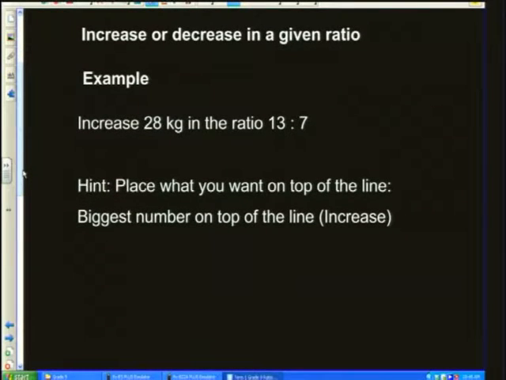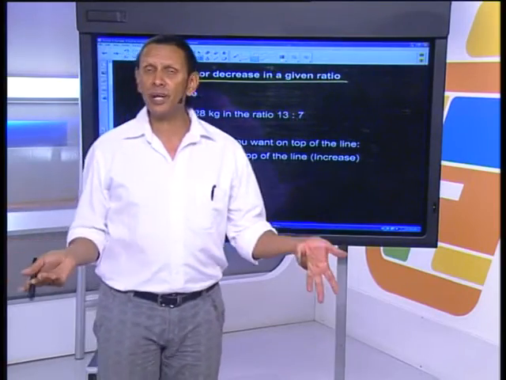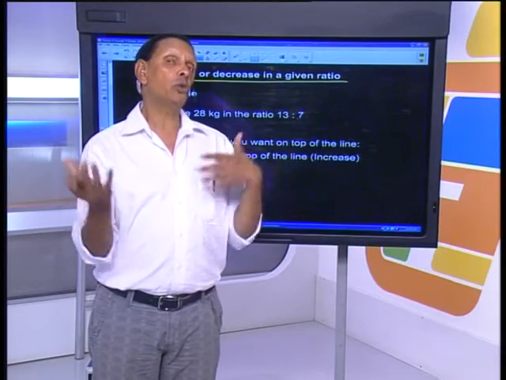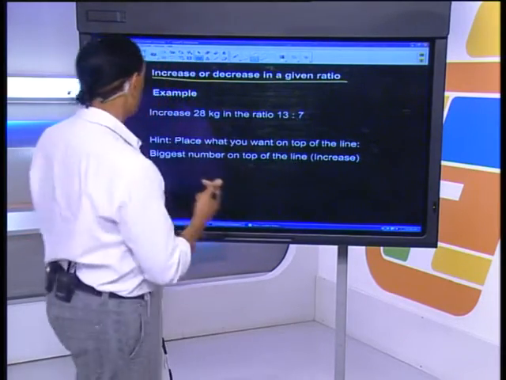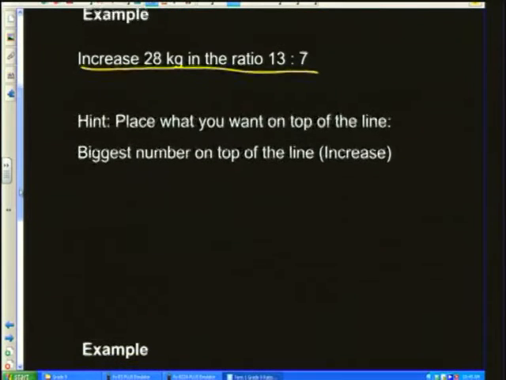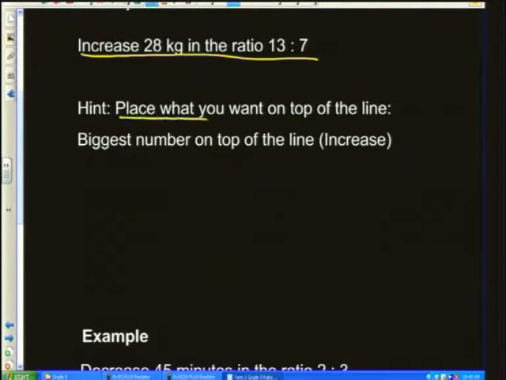Now we must know how to increase or decrease in a certain ratio. Sometimes you need to do this to decrease something or to increase it, but it must be in the same ratio. For instance, let's take 28 kilograms, and we must increase it in the ratio 13:7. Increase. Now there's a hint. Place what you want on top of the line, biggest number on top to give you an increase, if I want to increase.